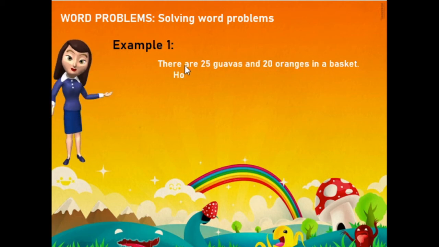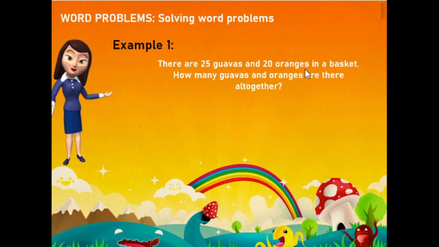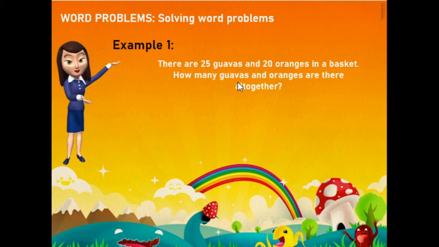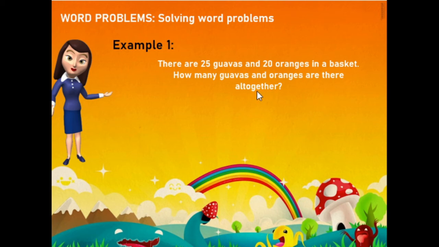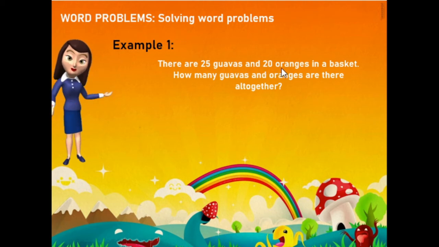There are 25 guavas and 20 oranges in a basket.